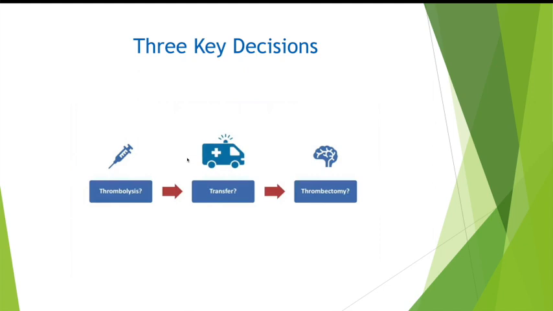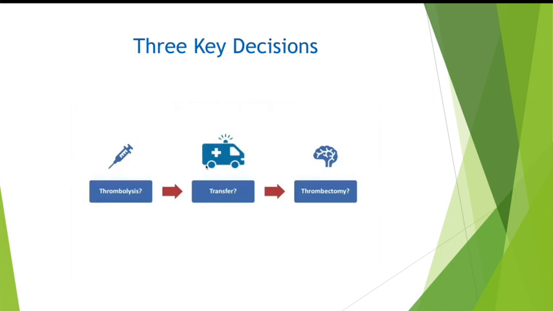After the patient has had CT head as well as CT angiogram of the aortic arch, carotids, vertebral arteries and intracranial arteries, the decision about whether to thrombolyze or not is made based on the history as well as on the findings of the CT scan and the CT angiogram, because in order to be eligible for thrombolysis, there should not be any bleed and the patient should be within the 4.5 hour time window. And if the patient is eligible for thrombolysis, then the thrombolysis is administered straight away.